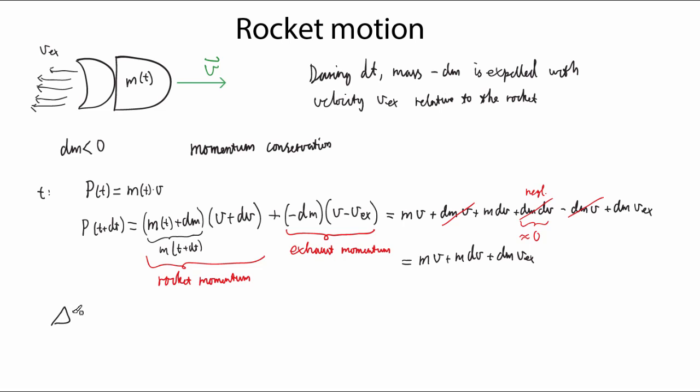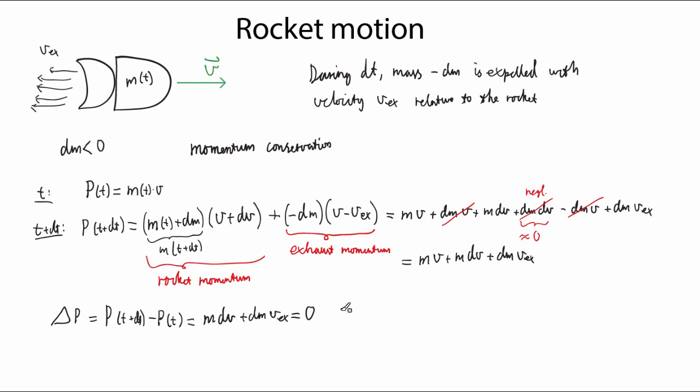Now the change in momentum from time t to time t plus dt, that is p of t plus dt minus p of t. Well, essentially this minus that, which means that this mv term here goes away. So this is just m dv plus the v exhaust term.